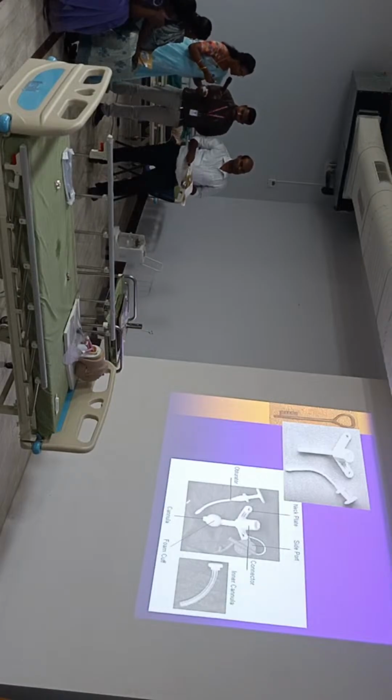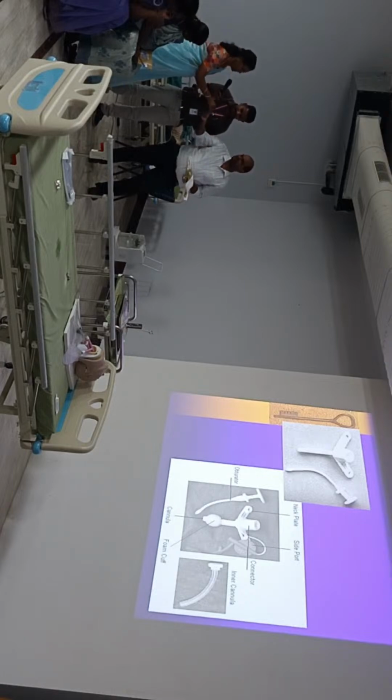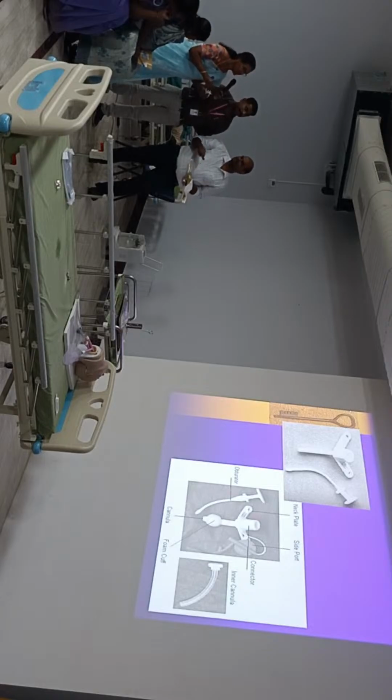Without inserting through the cannula, we can do an external suction. And this is the obturator which we had in the Jackson's tube, the same thing, as a guide way into the trachea. And this is the inner cannula.